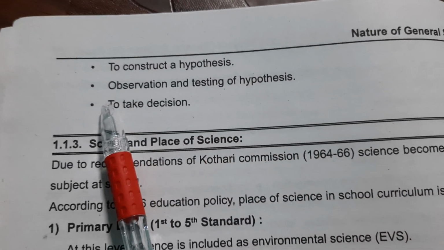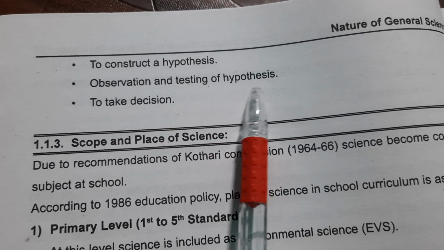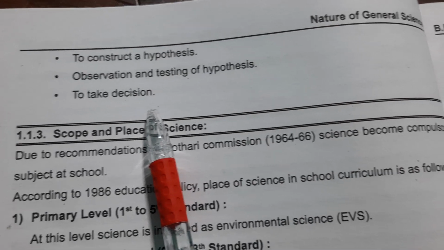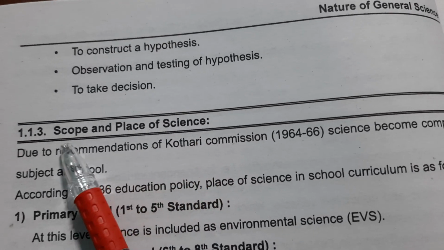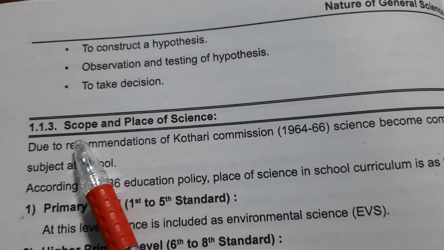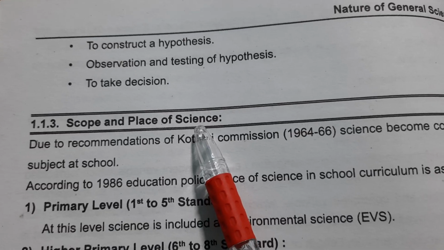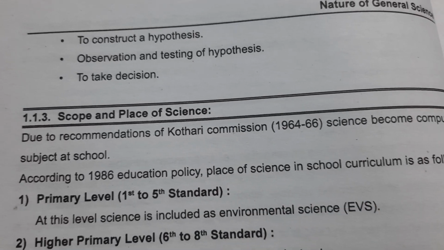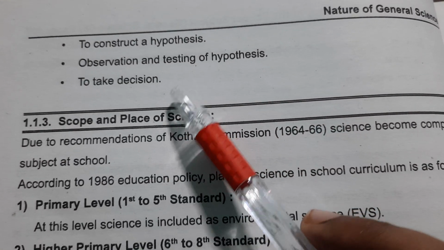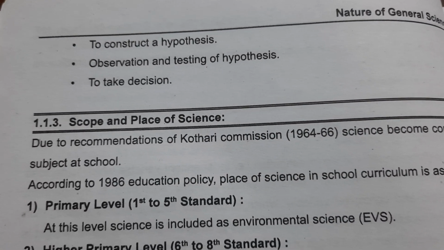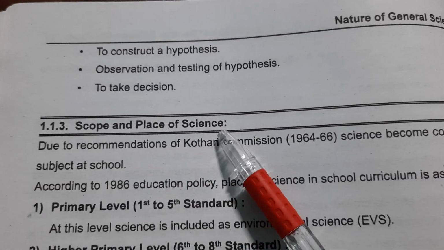Next we have to construct a hypothesis, observation and testing the hypothesis to take a decision. Let us stop these notes here. In the next class I will give you the continuation of the notes on the scope and place of science. You all can take down these notes tomorrow. Till now I'll stop. You all can take down till here today. In the next class let us do this topic, scope and place of science.